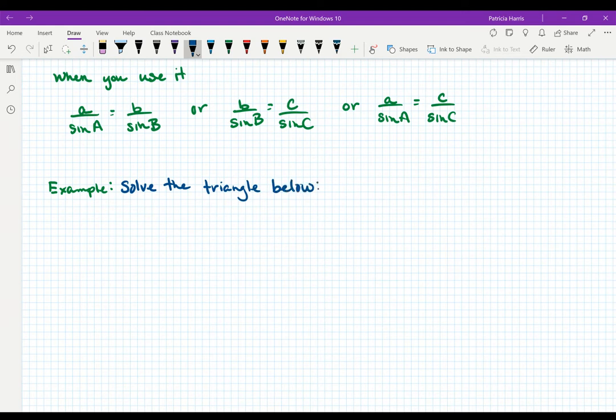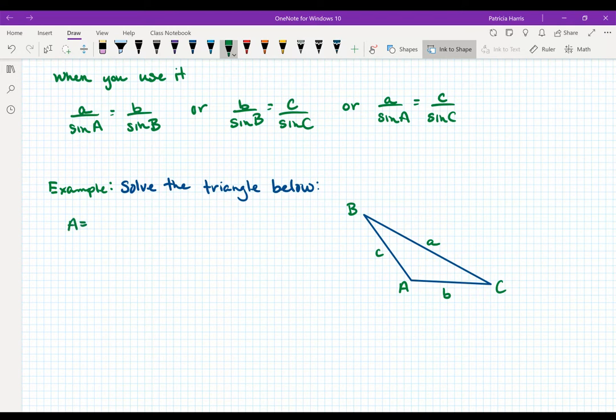Okay, so there's my triangle. So let's see here. Let's say this is angle A. So this would be side A. This is angle B. So this would be side B. Angle C, side C.